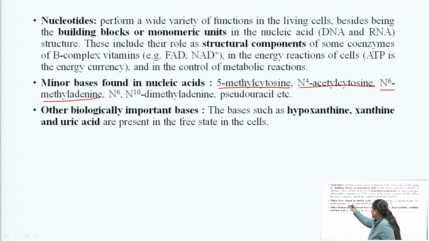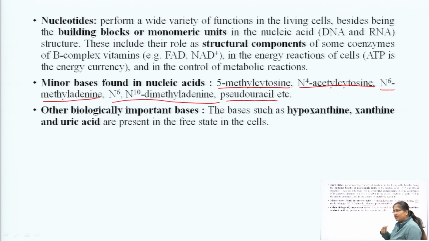We have N6,N6-dimethyladenine, and we have pseudouracil. We also have some more compounds which are equally important. Then there are other biologically important bases, which are hypoxanthine, xanthine and uric acid, which are present in the free state. These are also parts of our nucleotides.